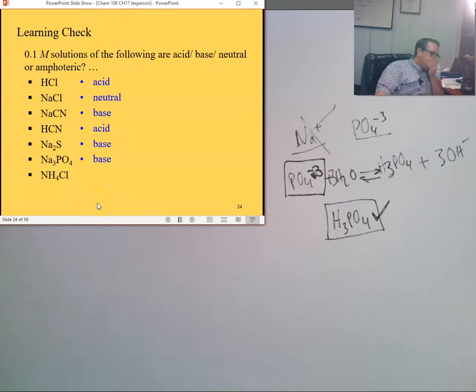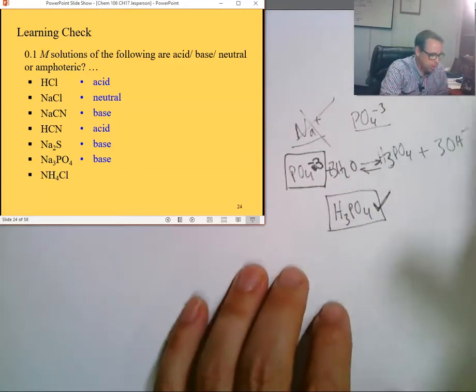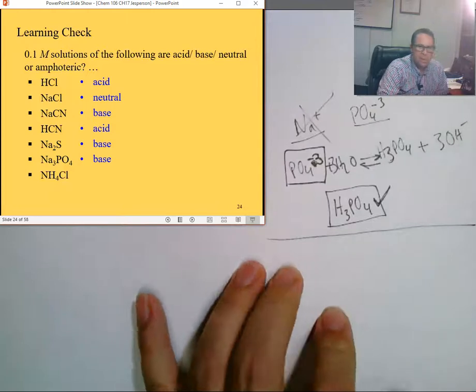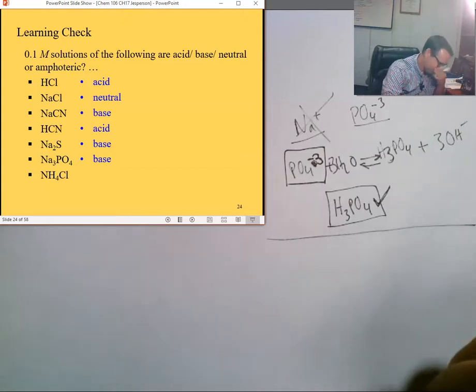Okay. Here we go. Ammonium chloride, NH4Cl. Brielle, can you help me with the ions that will result when we put ammonium chloride into solution? What will we get?